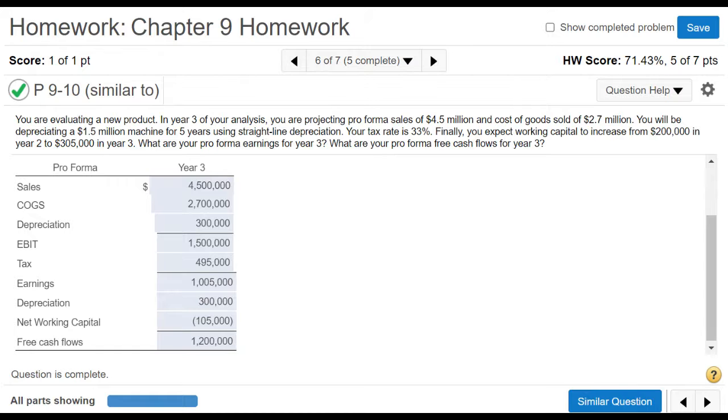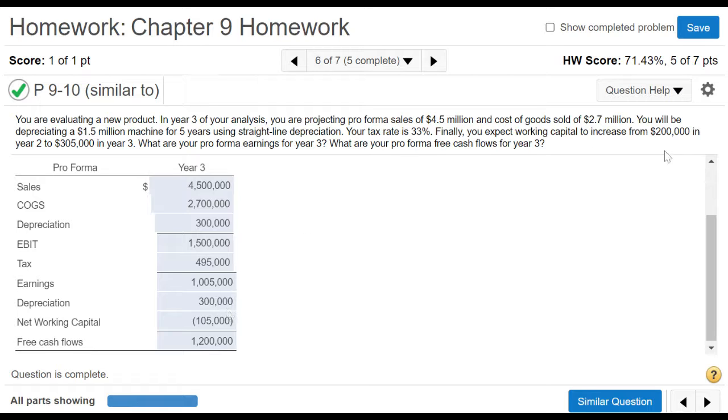Everything else, you're supposed to figure it out. First thing we know is sales. That's one. Cost of goods sold is negative. Depreciation is negative. Once we get this number, it's going to be a positive number, most likely. The taxes are going to be a negative because we made money. We got to pay taxes. After we get our earnings, we add back the depreciation. We got to add back what we took out.